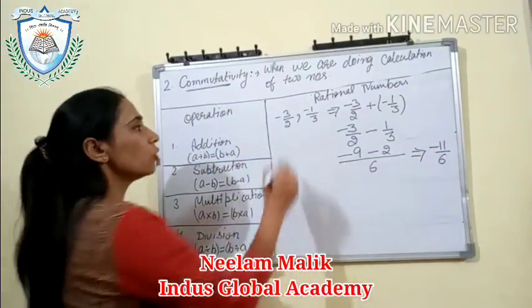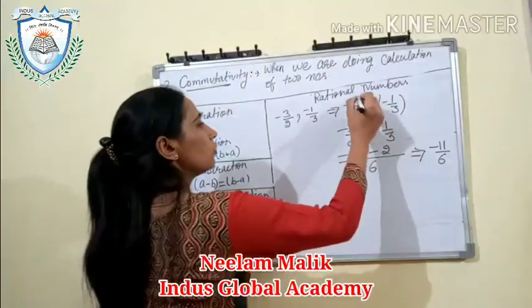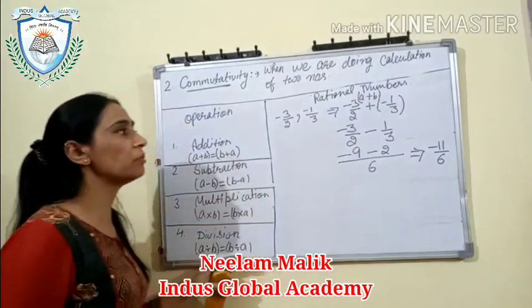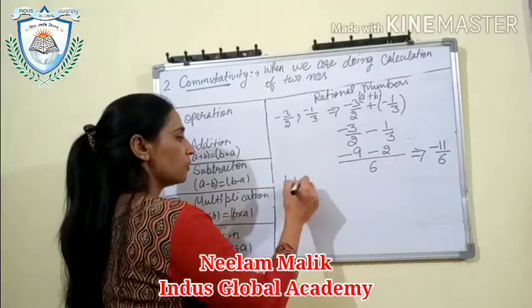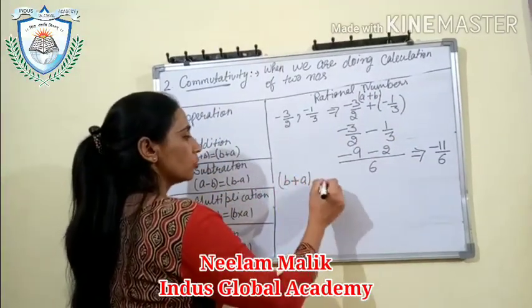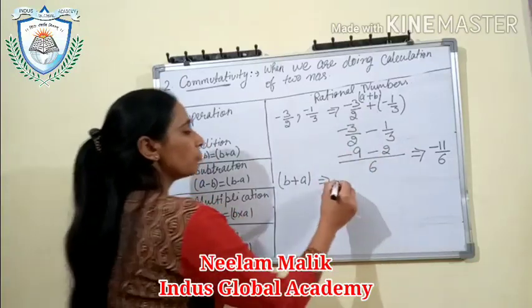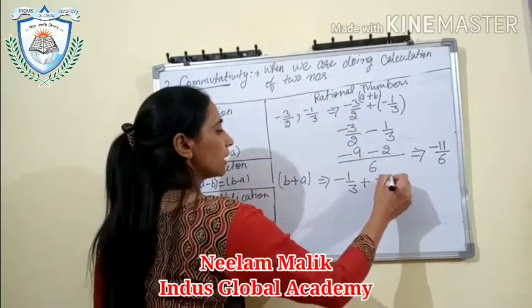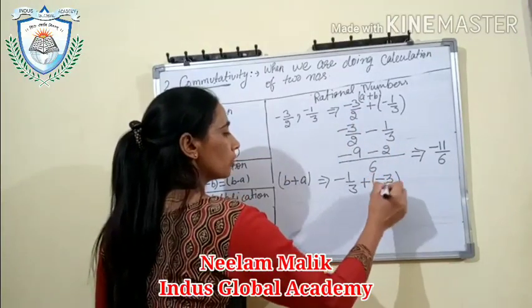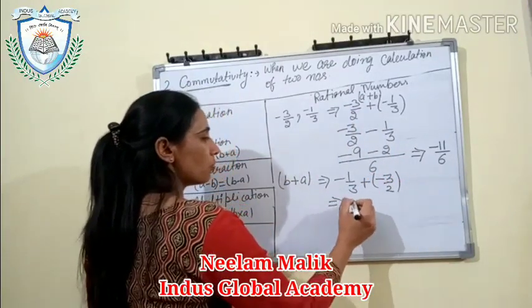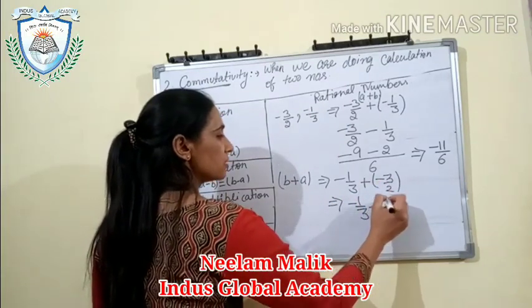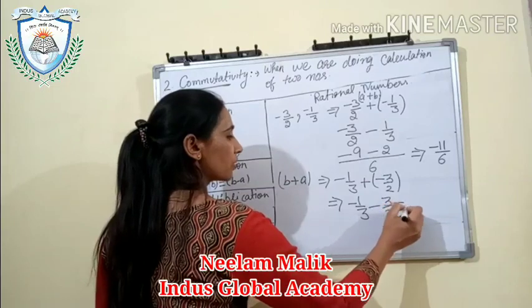Okay. It was a plus b. Now we have to check b plus a. So what is b? B is minus 1 upon 3 plus the first number, minus 3 upon 2. So minus 1 upon 3 plus minus 3 upon 2.